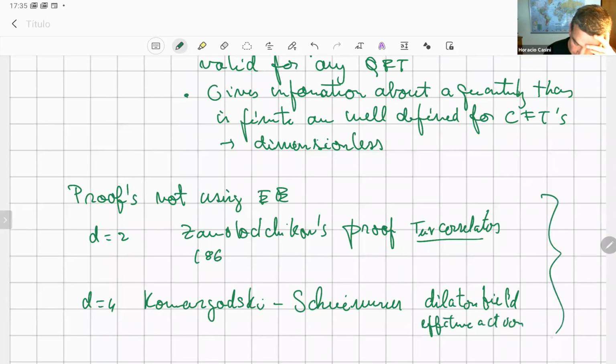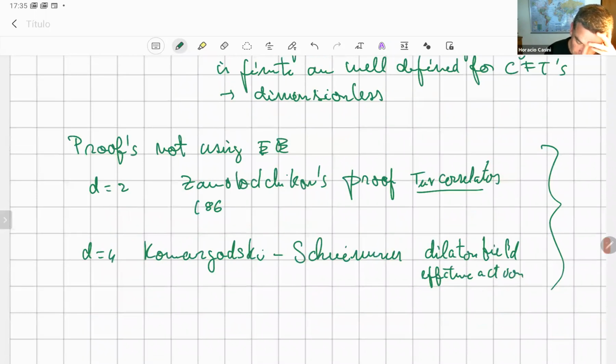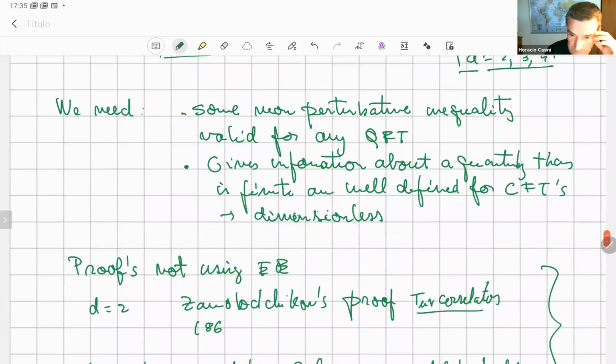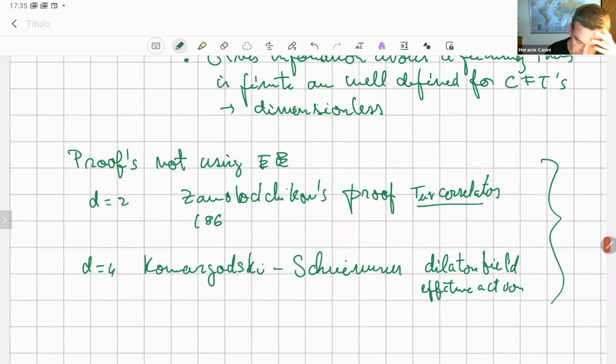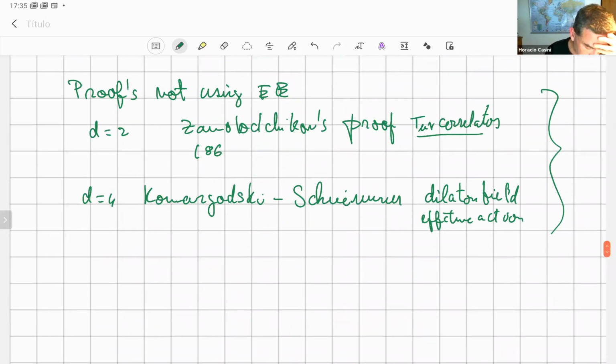In both cases, the positivity or the inequality that you use is related to Hilbert space, to the positive definite Hilbert space scalar product. So normal unitarity, let's say.